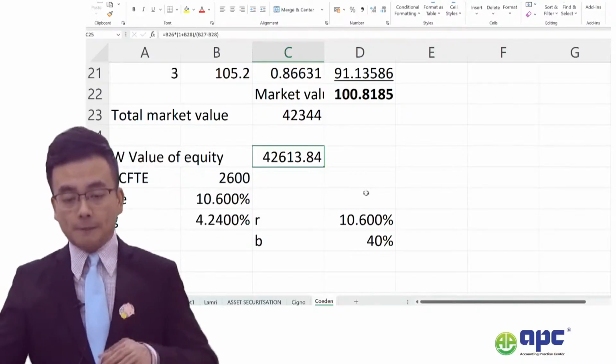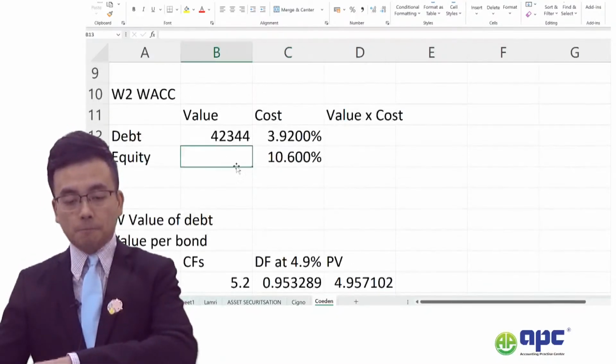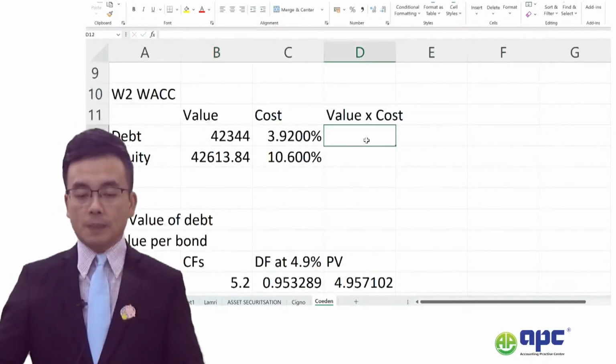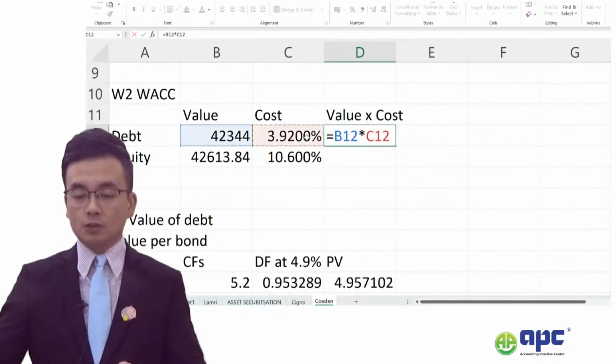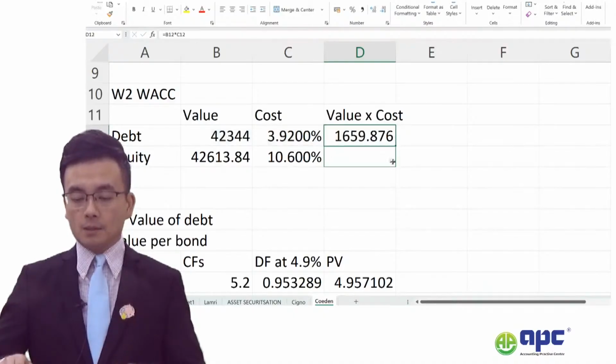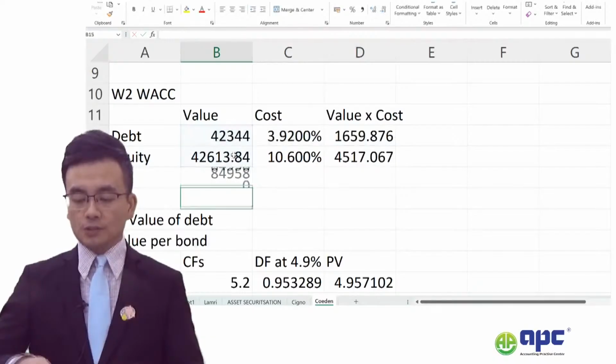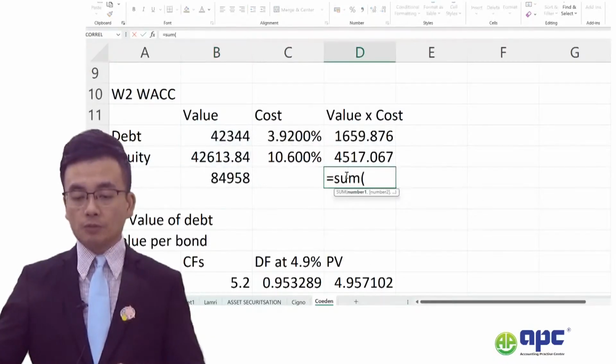Just slot that back. Equals this amount. Press enter. So value times costs equals this. Times costs. And drag it here. Just to sum all of these.